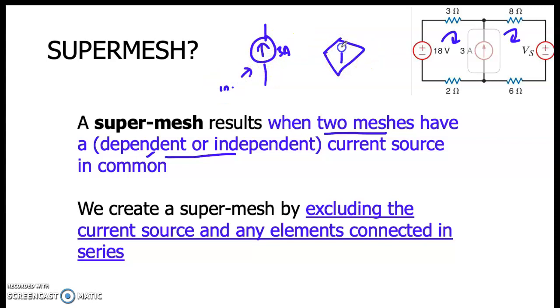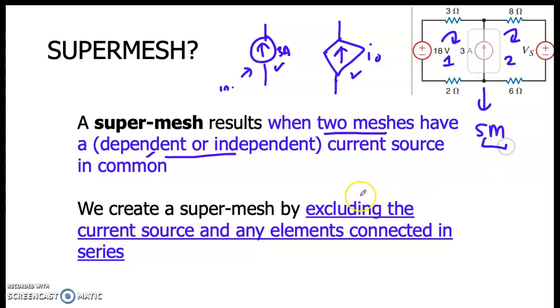But if it is a diamond shape, and it depends on I naught, for example, this is what we call a dependent current source. It doesn't matter whether it is dependent or independent, as long as it exists in between mesh 1 and mesh 2, we call this one super mesh.